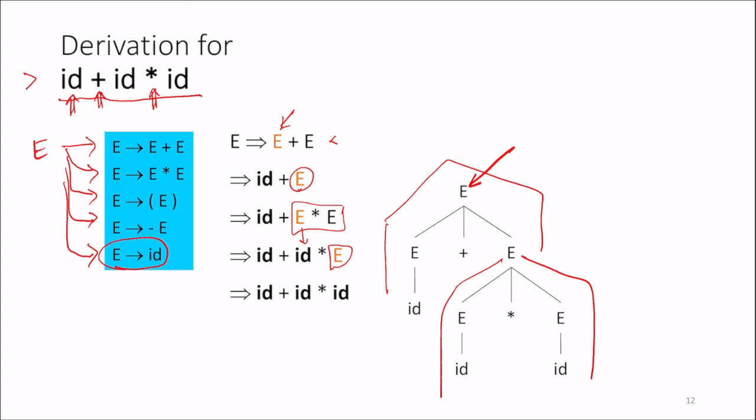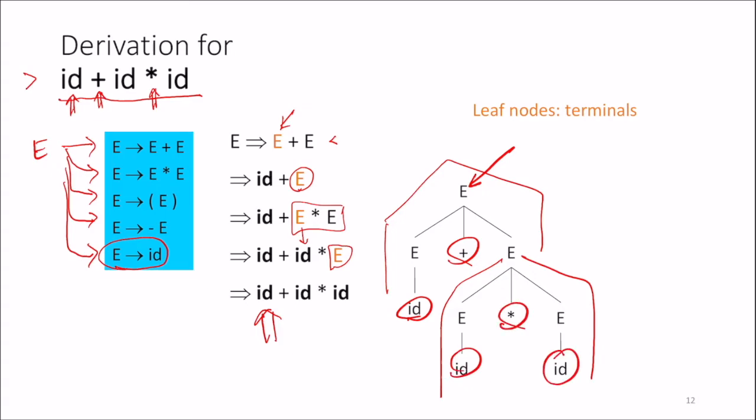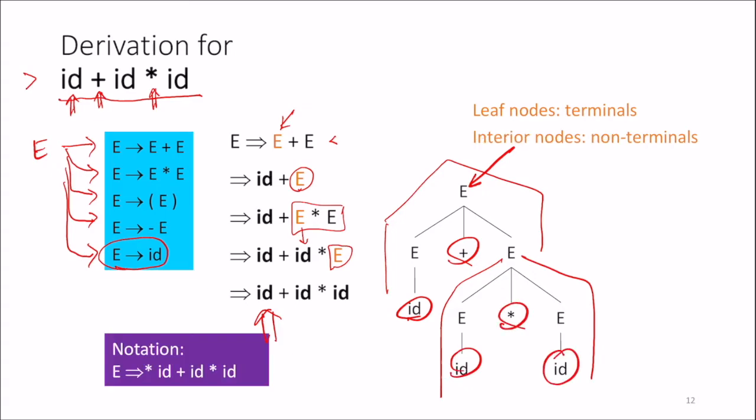So you can see that the tree structure is exactly a graphical description of this derivation sequence, right? So it's just one rule application after the other. So the leaf nodes are terminals. So if I look at these leaf nodes here, they're all terminal symbols. And if I look at the interior nodes, we know that there is only one non-terminal here, which is E. So all of the internal nodes here are that non-terminal, which is a capital E here.